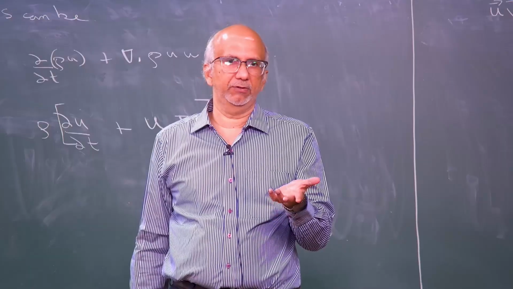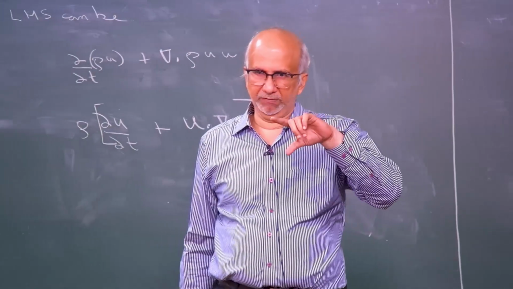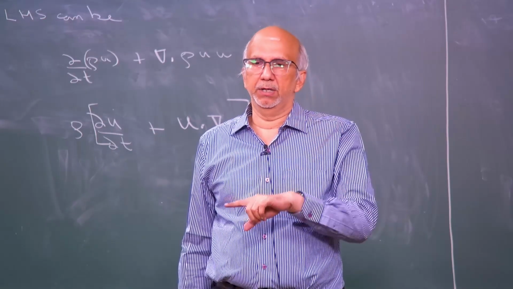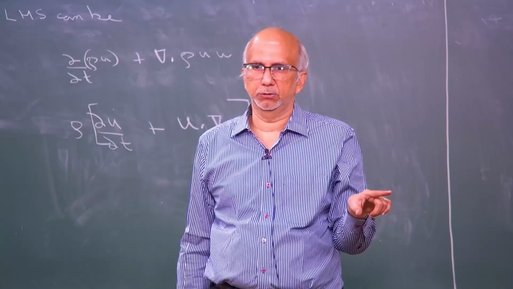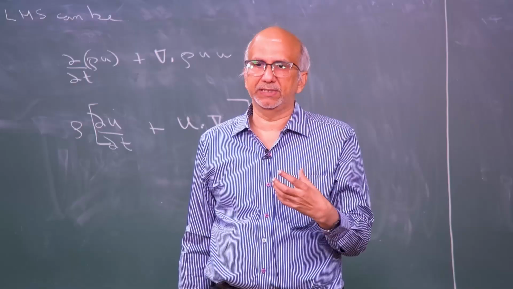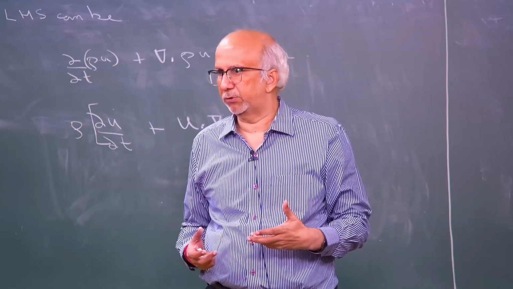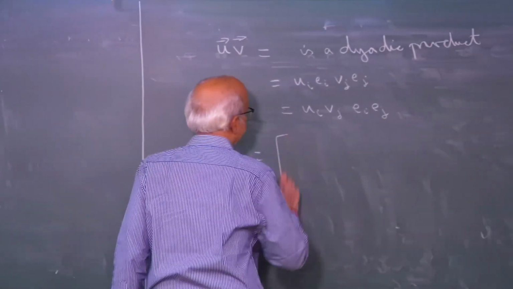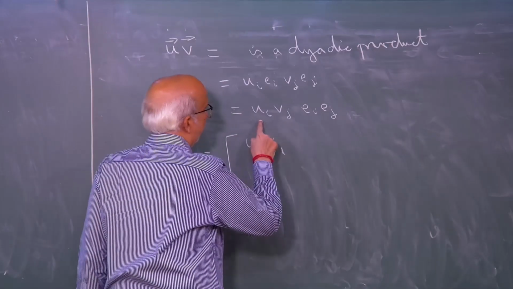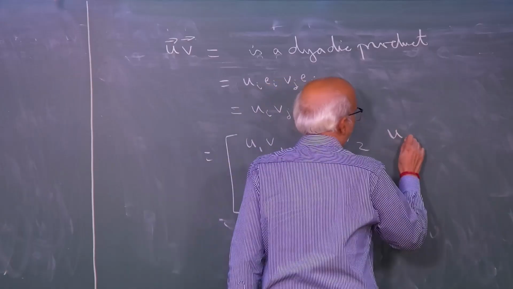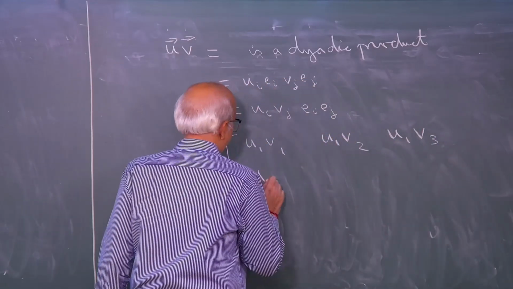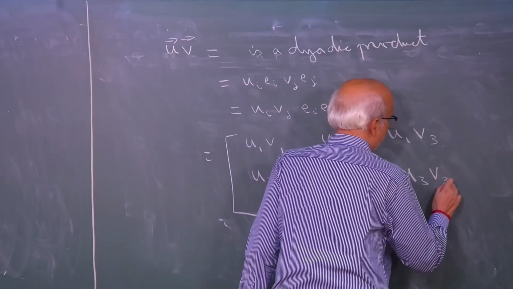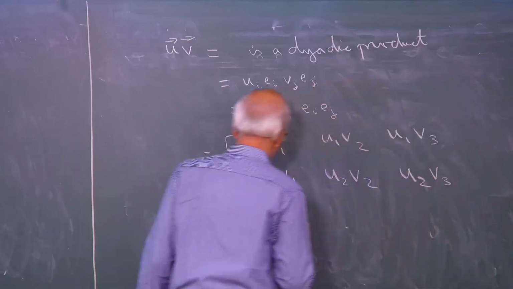Some people like to write it in the form of a matrix, because a vector has 3 components, and you like to write it in the form of an array. A 3 by 3 matrix will have 9 elements. So, you can also visualize this as a matrix if you are more comfortable that way. This can be written as a matrix: U1 V1, U1 V2, U1 V3, U2 V1, U2 V2, U2 V3, and so on up to U3 V3.